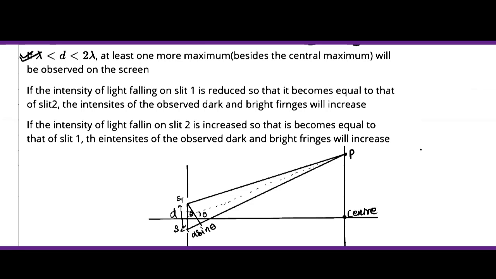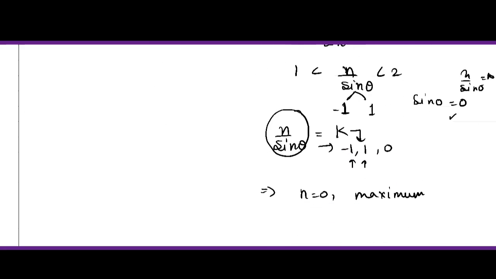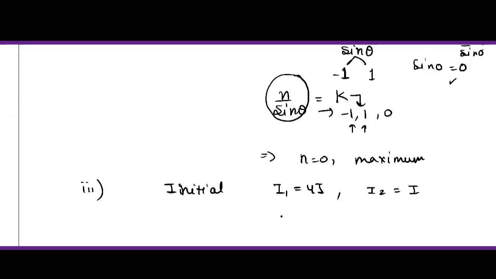So let us check the third statement. In the third statement it is given that the intensity becomes equal. So first of all we have to find the initial intensity. The initial intensities are I1 equals 4 times I, and I2 equals I. So if we find maximum intensity, I max equals (under root of I1 plus under root of I2) whole square.